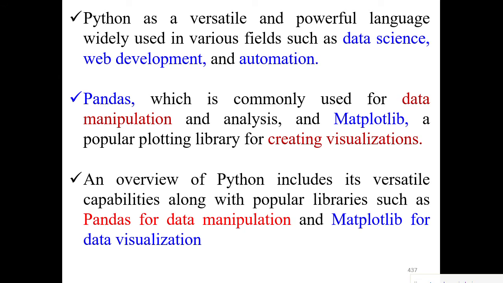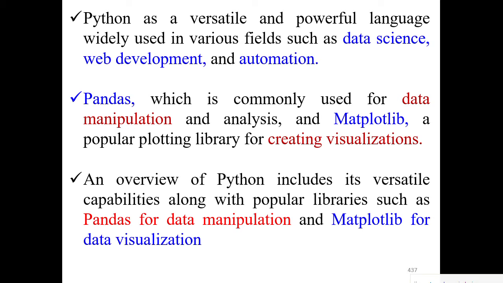Python is a versatile and powerful language widely used in various fields such as data science, web development and automation, etc. Pandas is commonly used for data manipulation and analysis, and Matplotlib is a popular plotting library for creating visualizations.